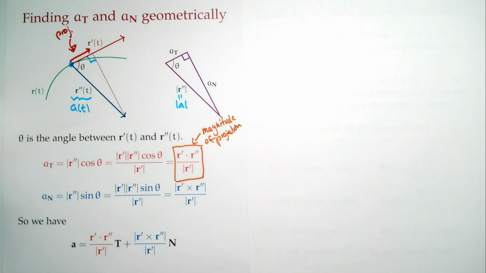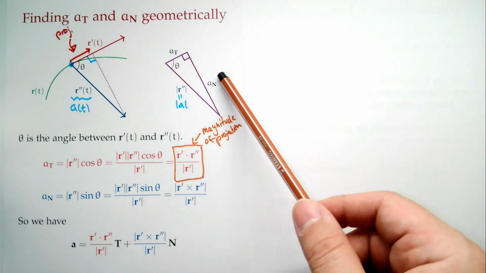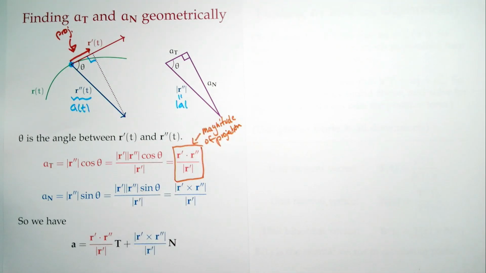How about the normal part? Well, think about the triangle. I have the angle, and I'm trying to understand the opposite side. So again, I have angle, opposite, hypotenuse. The trigonometric function which relates those is the sine function.